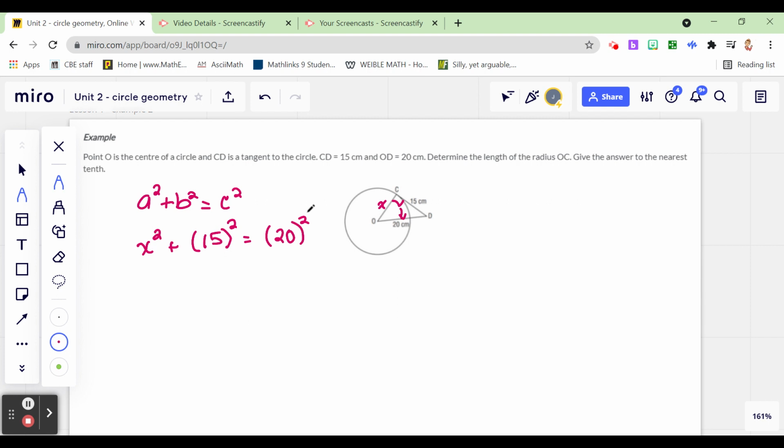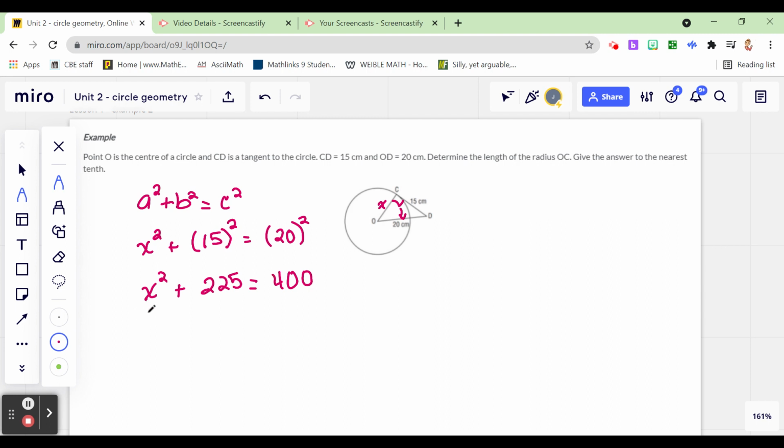Okay, so from here, all I need to do is solve for x. So I have x squared plus 15 squared, which is 225, equals 20 squared. I know 2 squared is 4, and 10 squared is 100, so that would make this 400.